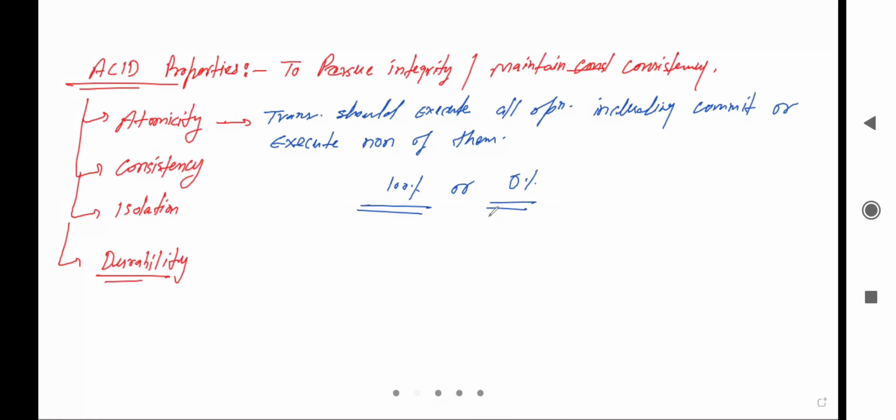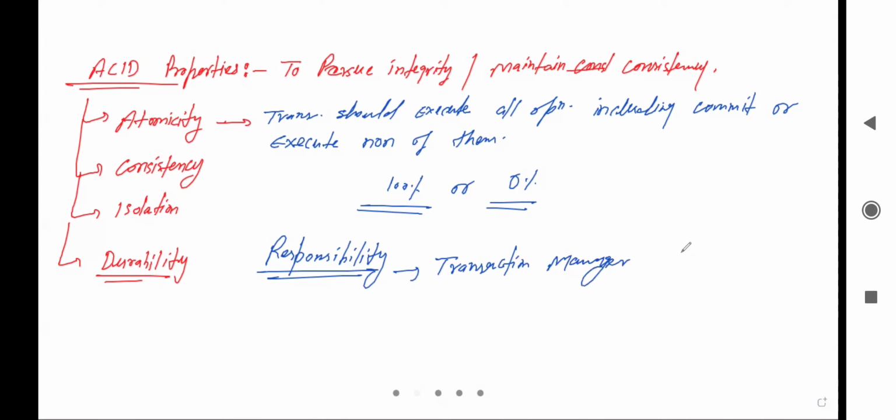And another thing, who is the responsible person for atomicity? So responsibility, we can say that transaction manager is responsible for atomicity. Transaction manager is a responsible person for this atomicity, right? And transaction manager is what, it is a software.